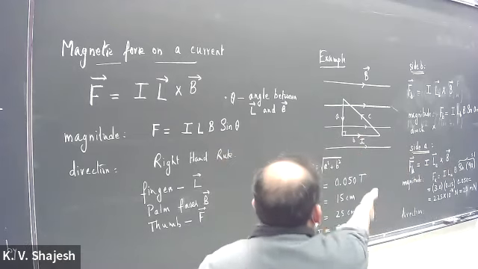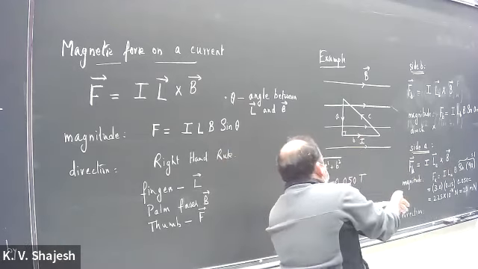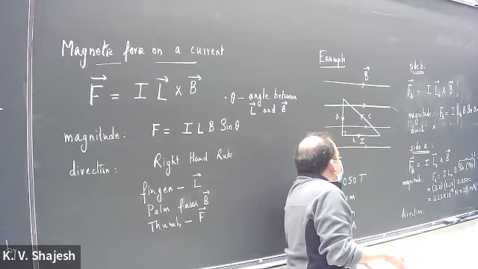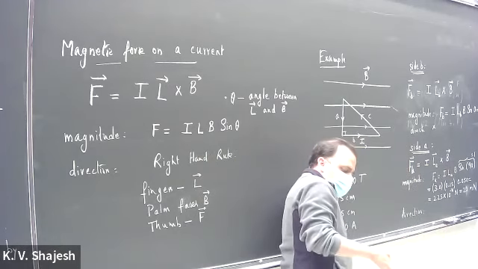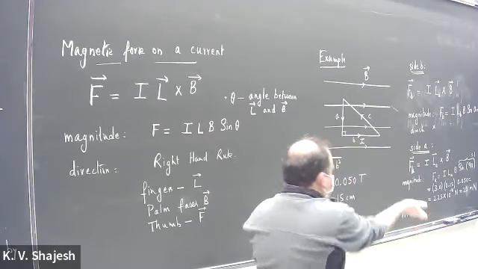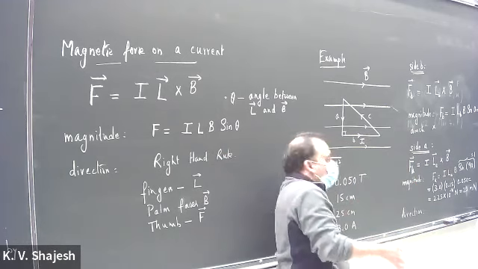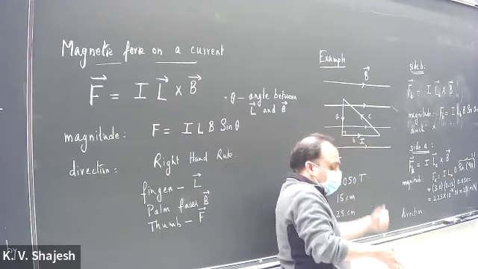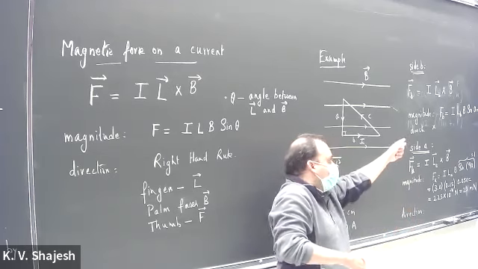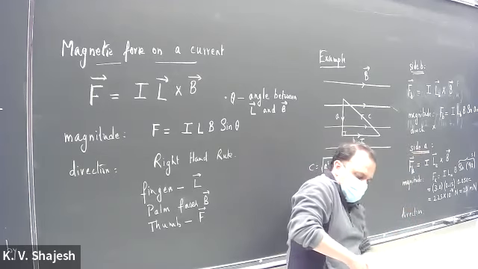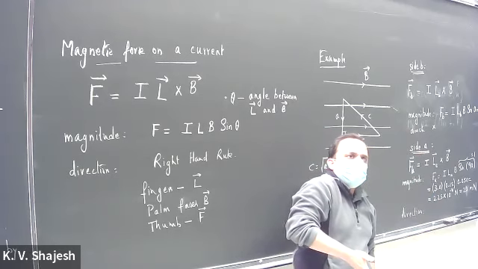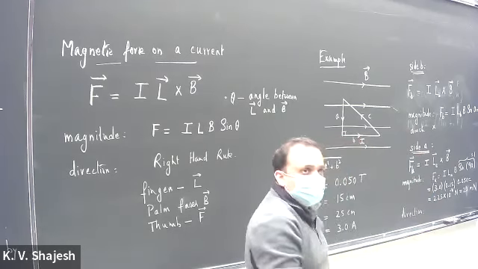So point the fingers down, and the palm has to point in the direction of the magnetic field. Then you open your thumb and you will notice that the thumb is coming out of the board. So fingers down in the direction of A, magnetic field pointing to my left when I'm facing you, and then the open thumb comes out of the board, and that's how you get it.